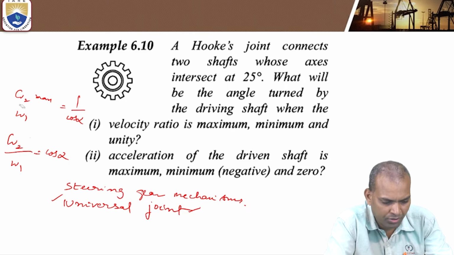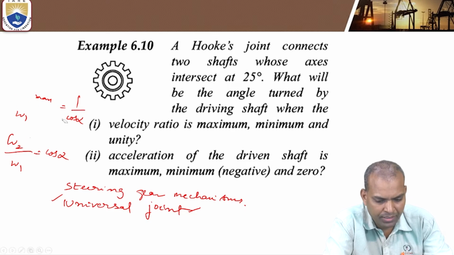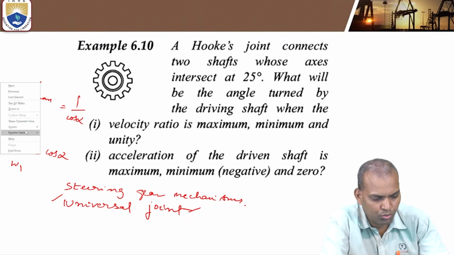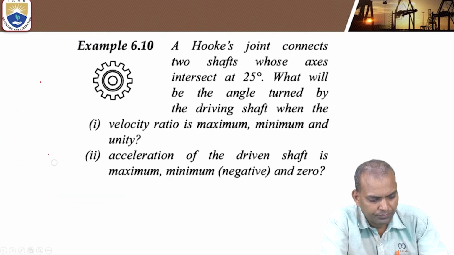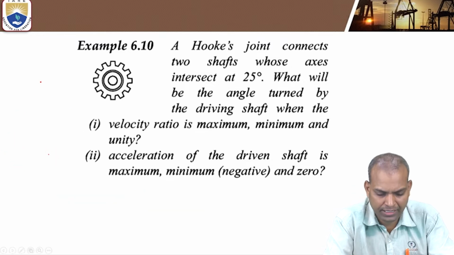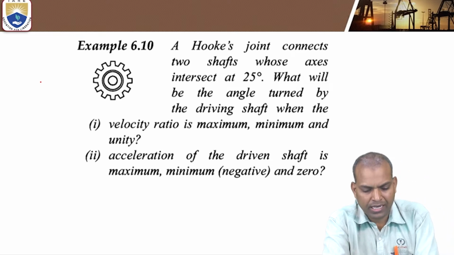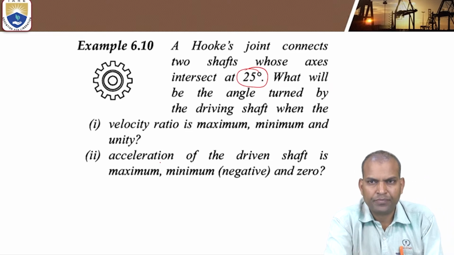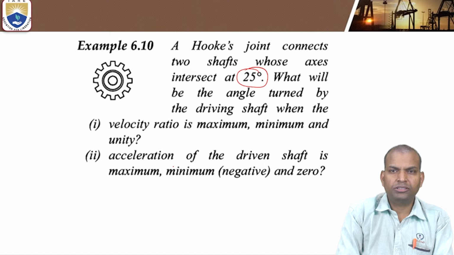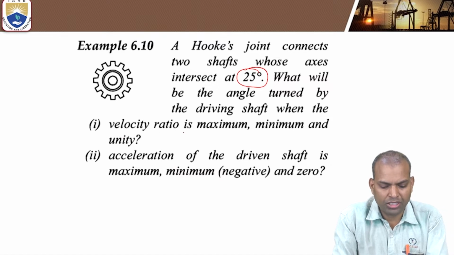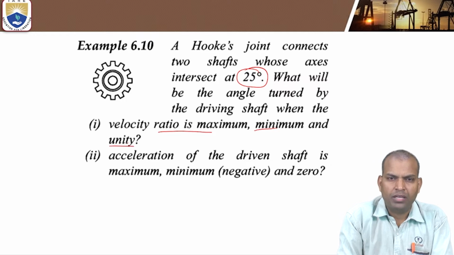A Hooke's joint connects two shafts whose axes intersect at 25 degrees. What will be the angle turned by the driving shaft when the velocity ratio is maximum, minimum and unity?